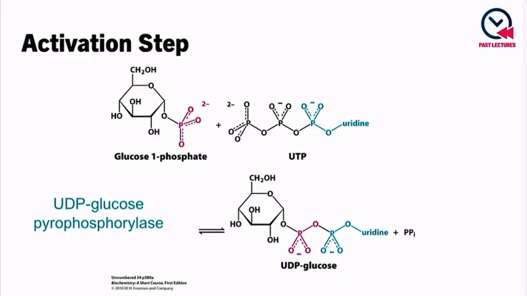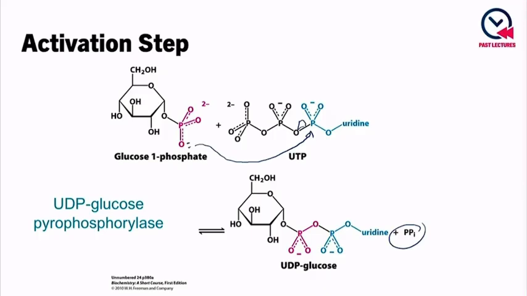So this is where UTP comes in. We are adding energy to this reaction to make it a more favorable reaction and move in that forward direction. Glucose 1-phosphate can now attack that alpha phosphate on UTP, breaking the bond and generating UDP glucose, and importantly, a pyrophosphate.